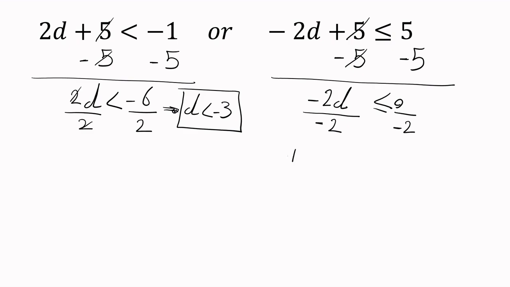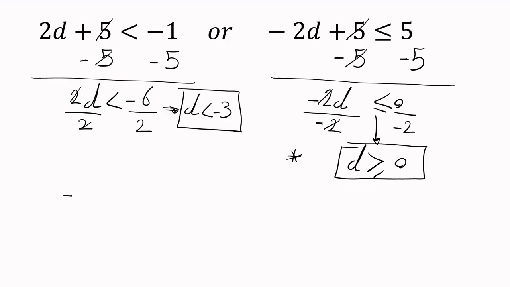Pay attention, because I am dividing by a negative number, I must change the direction of inequality. So it would turn to this. I flip the direction of inequality. These two are going to cancel each other out. D is greater than or equal to 0, and this is my second range.